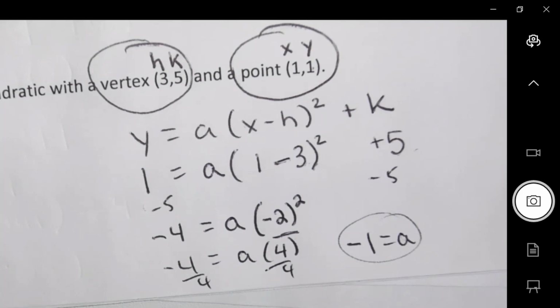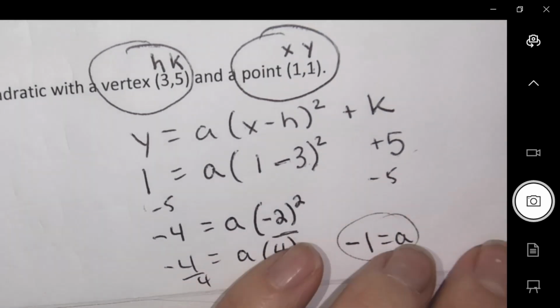Okay, I'm going to divide. So now I figured out what the slope of this quadratic is. So it's opening down. I'm going to write my final equation. So when you write your equation, you write it with everything except the x and y's stay put.